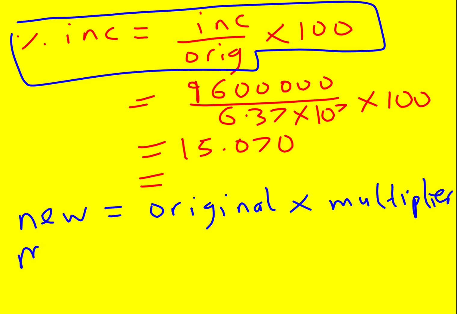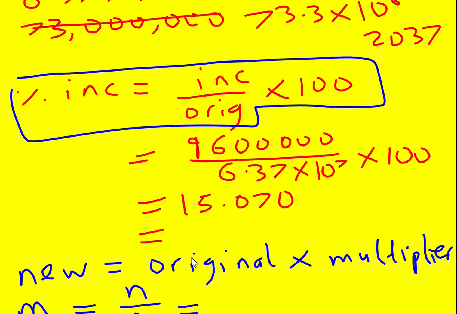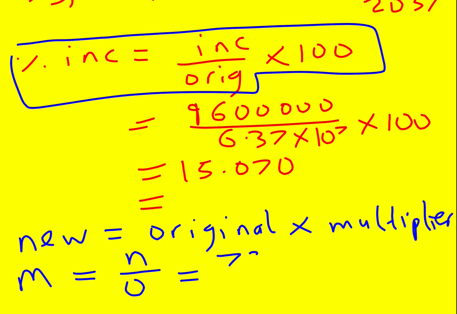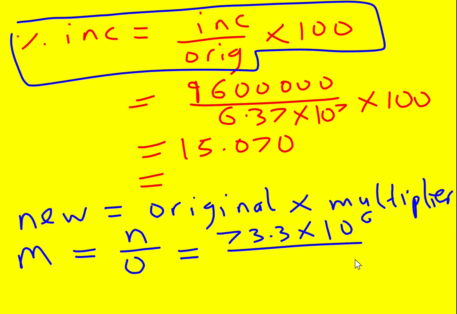That means the multiplier is equal to the new divided by the original, and that will be 73.3 times 10 to the 6 divided by 6.37 times 10 to the 7.